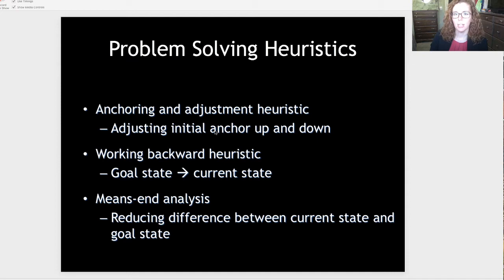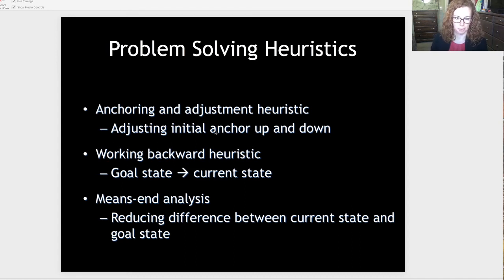They want you to anchor to that higher number and expect that that is the price that you should be expecting. And then they'll let you adjust down for sale, but you want to see that first anchor, and that's what's going to make you feel like you're getting a good deal.